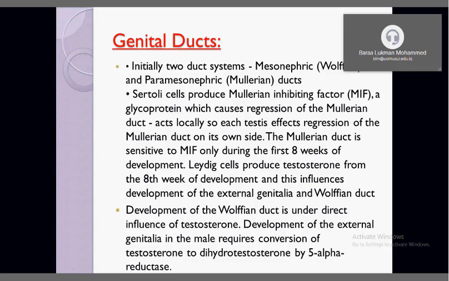So that which is produced from the right testis will act on the right Mullerian duct, and that produced from the left testis will act on the left Mullerian duct.